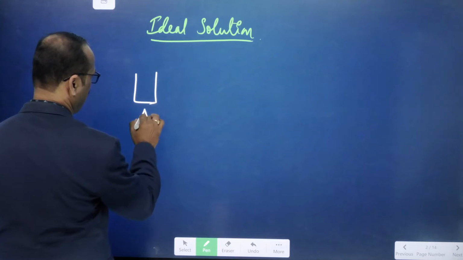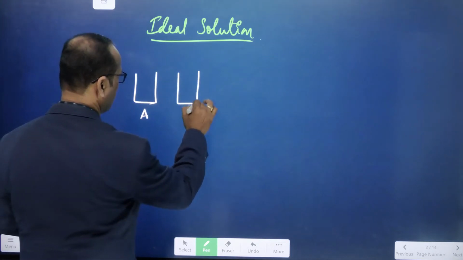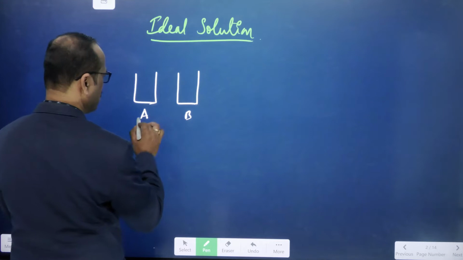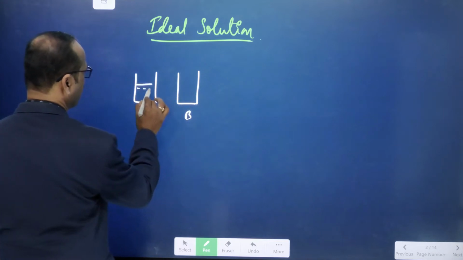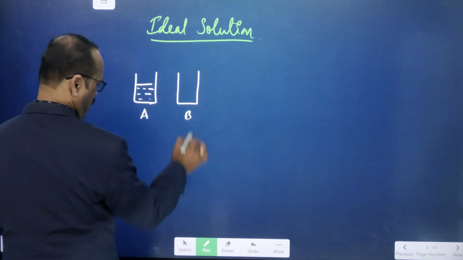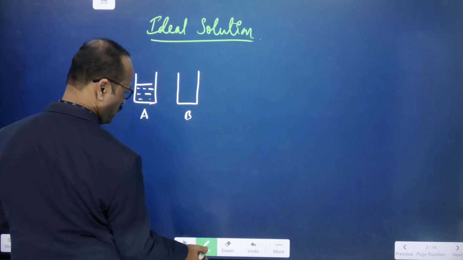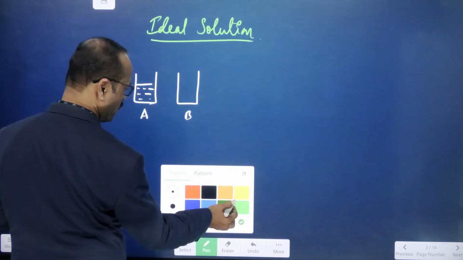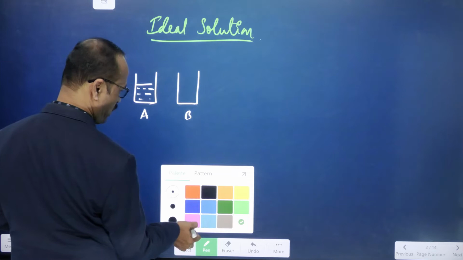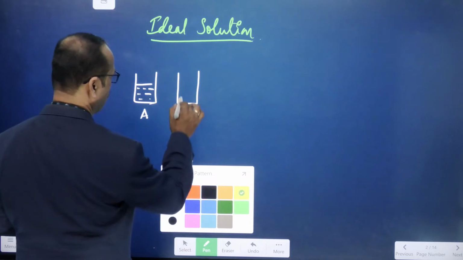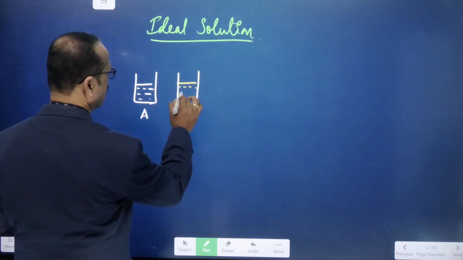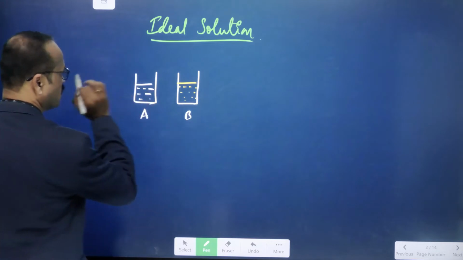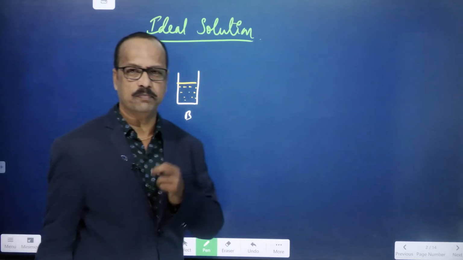This is beaker A and this is beaker B. In one I am taking some solution A, and in the other I am taking some other solution B, which I'll color yellow. This is solution A, this is solution B.